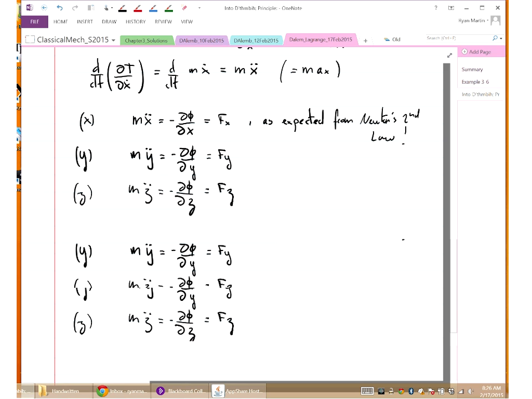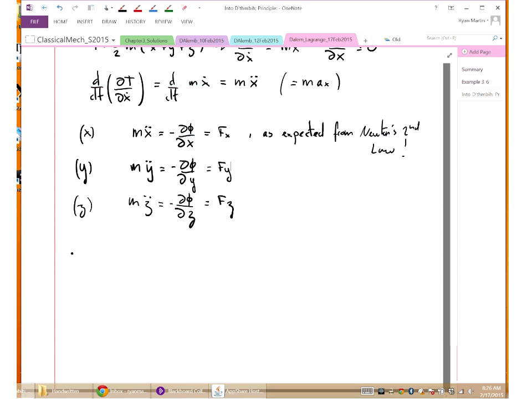So let me note now a mathematical curiosity in this example. Let's introduce a new thing called L. Let's call it T minus φ.